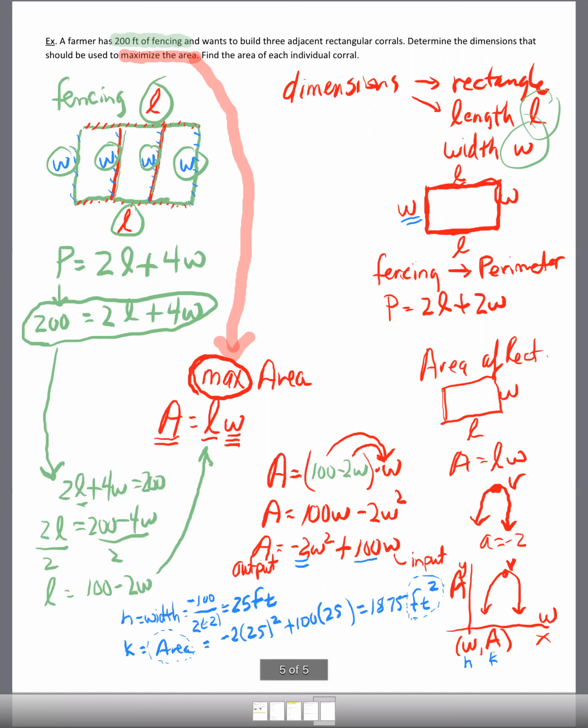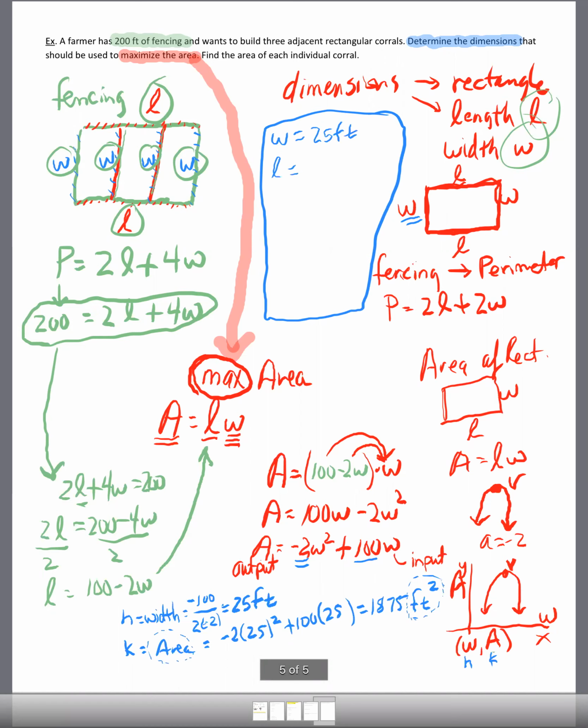This vertex gave me 2 answers. And if we go back up to the problem, the first thing that they asked me to do was determine the dimensions, and it's plural. Here's my problem then. I'll put him right here, smack in the middle. I know that my width, I just found it on the vertex, is 25 feet. But what's the length gonna be?